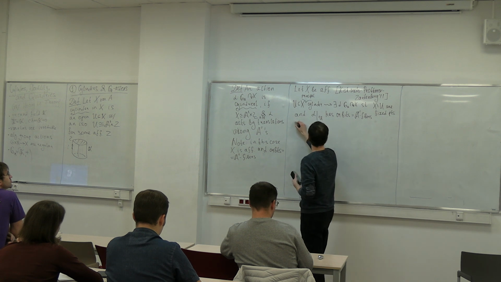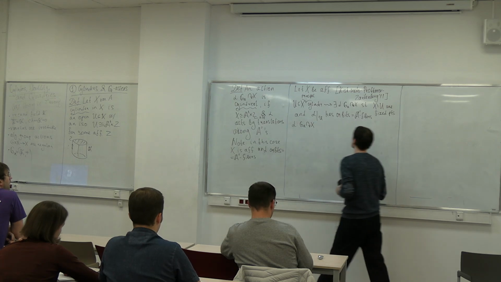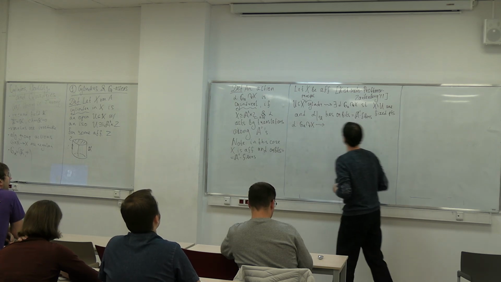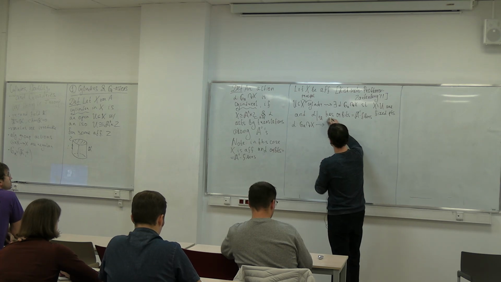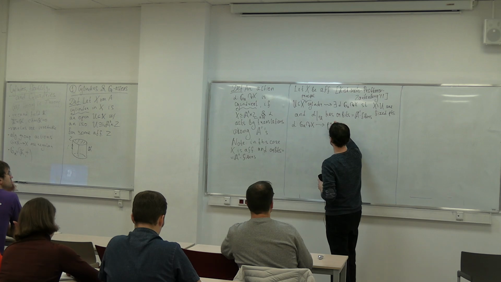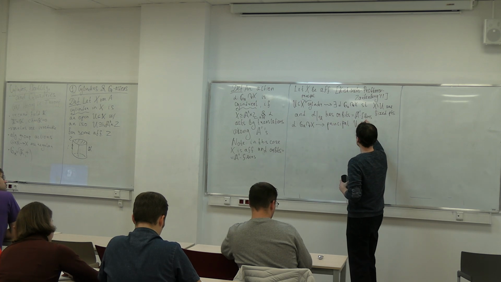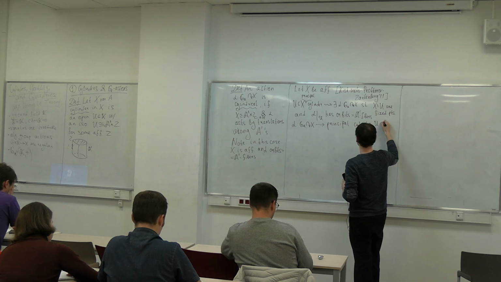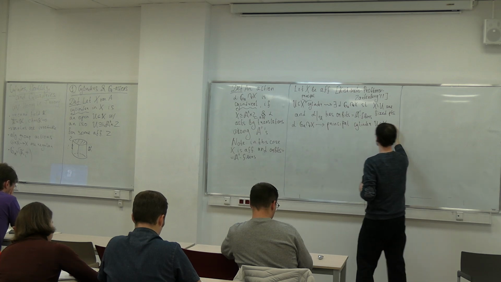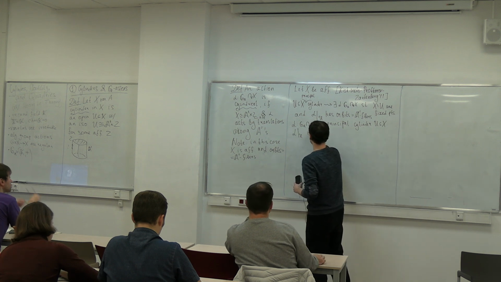And conversely, if I have a GA action, an effective GA action, then I can also find a principal cylinder U such that alpha restricted to U is cylindrical.